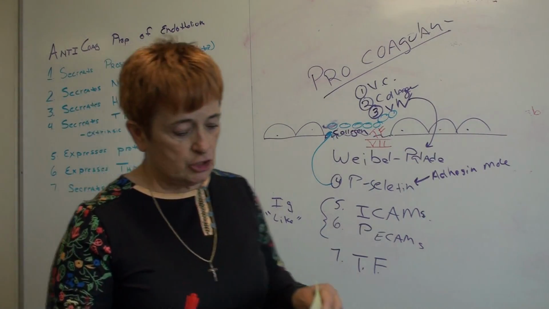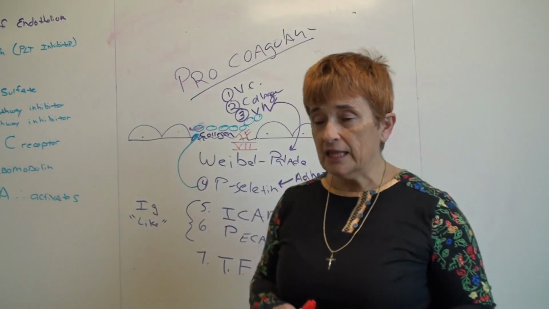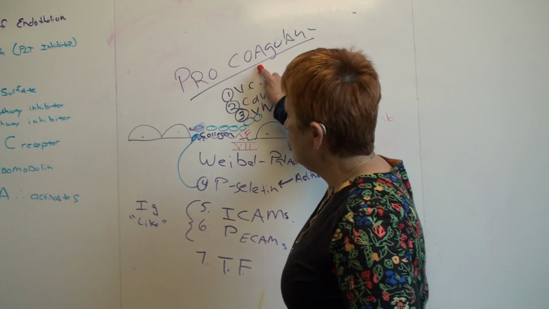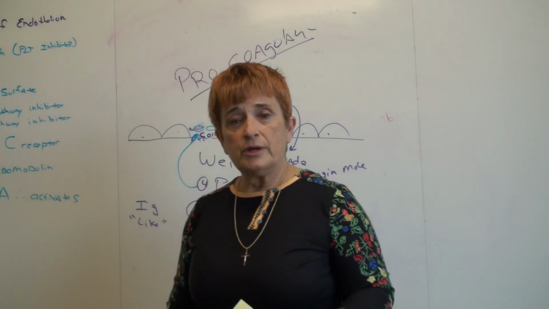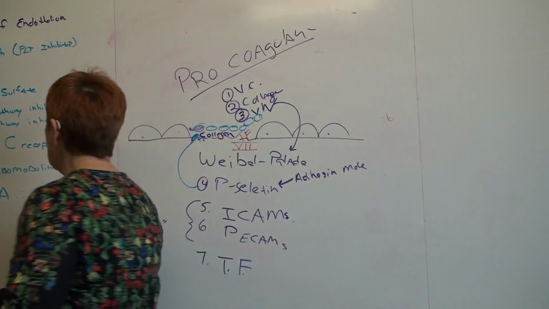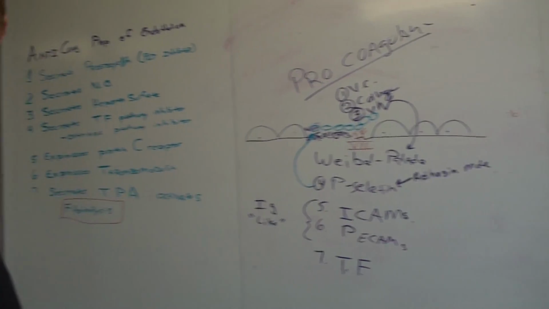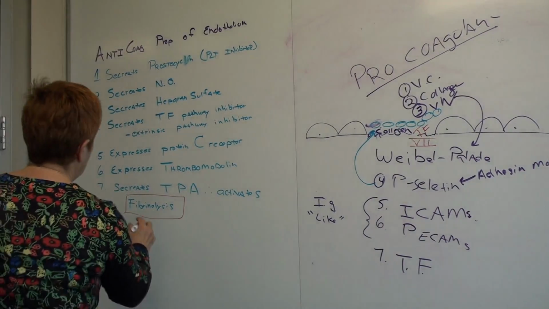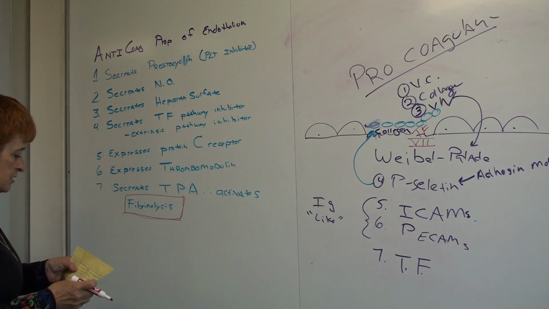So, not only does the endothelium have procoagulant properties and anticoagulant properties, it also has fibrinolytic properties. So over here you have to remember, did you see me draw that? No. Alright, so all I did was put a red box around my fibrinolysis.